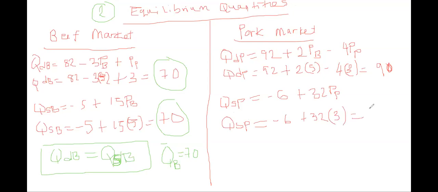So this will give us 90 as well. So here also the equilibrium condition holds. That is, the quantity demanded for pork is equal to the quantity supplied for pork, which is 90. So hence our equilibrium quantity for pork is 90.